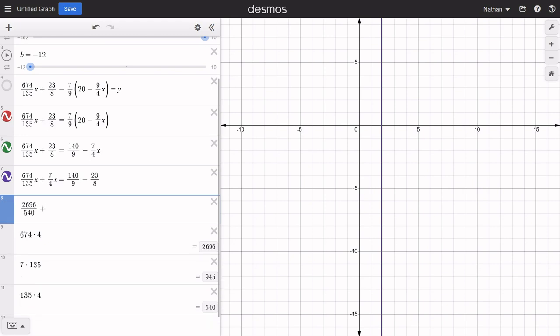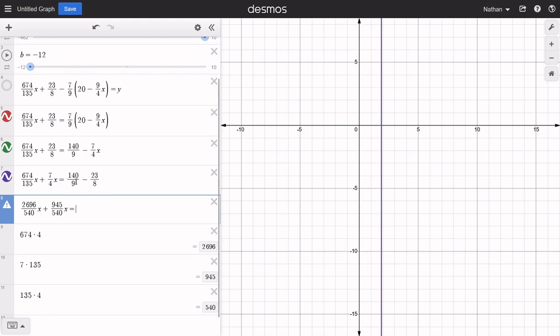And then plus, I'm going to get this one to be the same thing. I should put the x on there. 7 times 135 is 945. And then 4 times 135, we already found that here, is 540. And then x. And the least common denominator here is going to be 9 times 8.